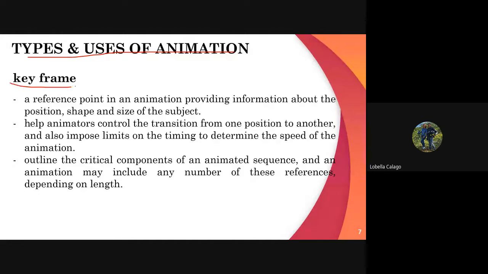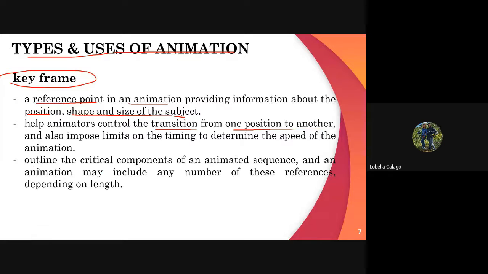Okay, now we will discuss our first topic, which is the types and uses of animation. We have a term known as keyframe. A keyframe is a reference point in an animation that provides information about the position, shape, and size of the object. It helps animators control the transition from one position to another.